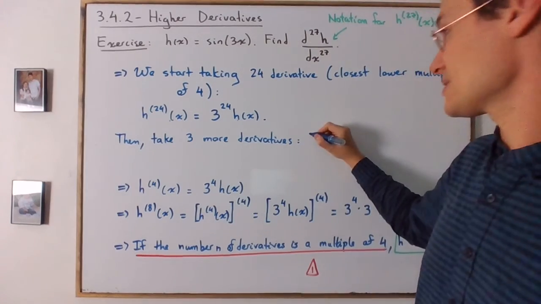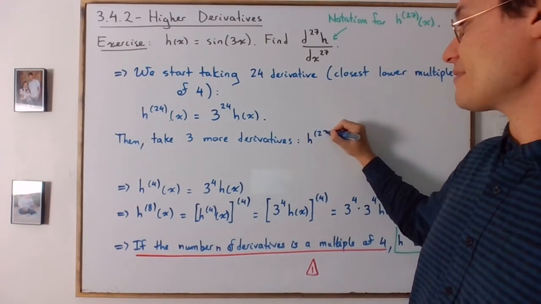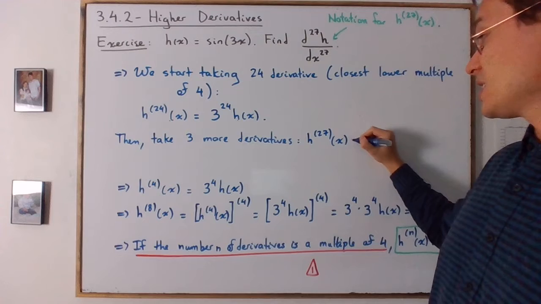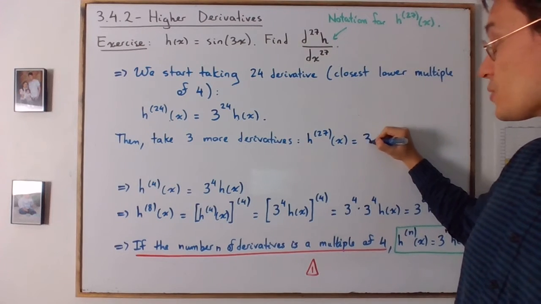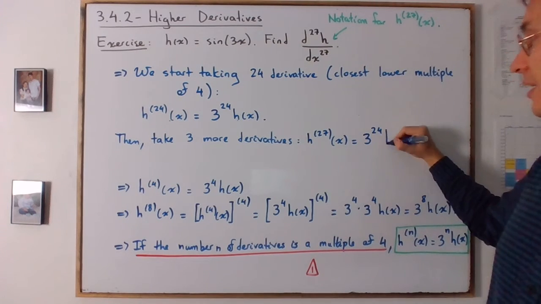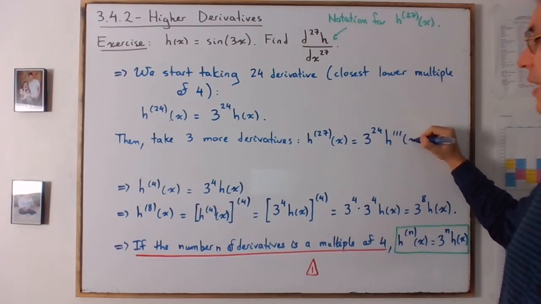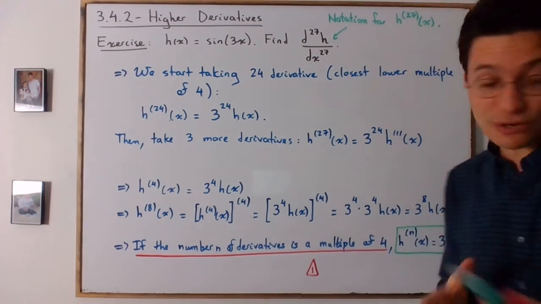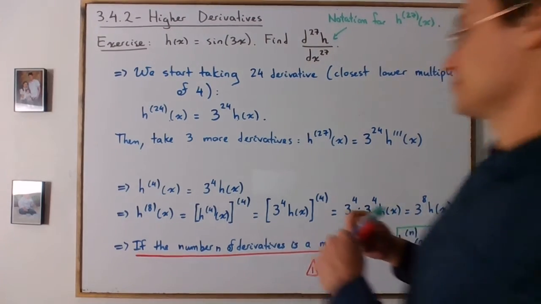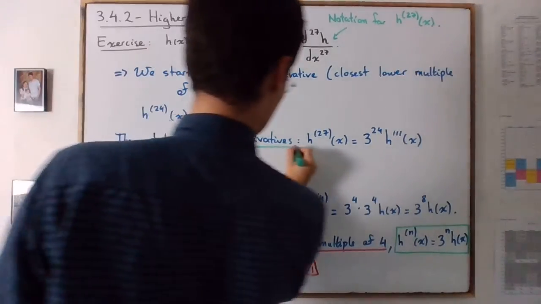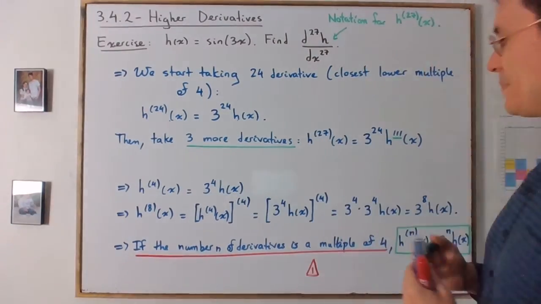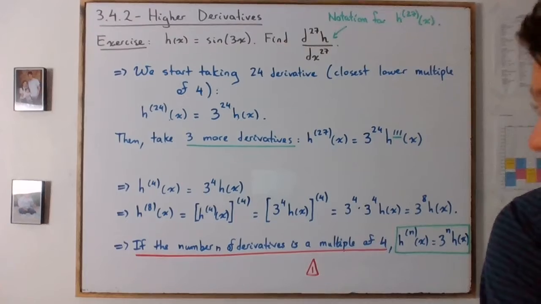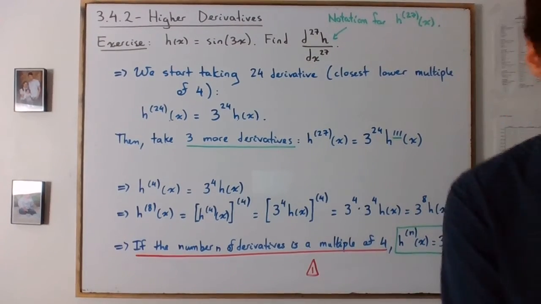The 27th derivative of h is going to be 3 to the power of 24 times h triple prime of x. This is the extra 3 that I'm talking about. And we found that out.